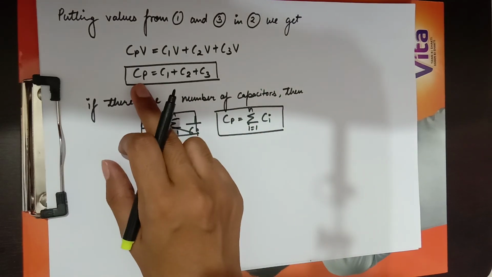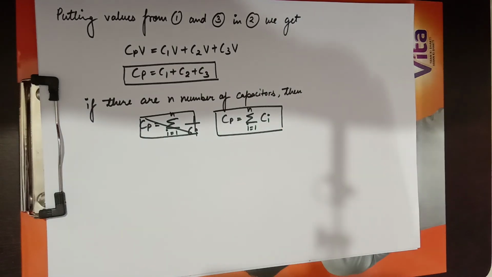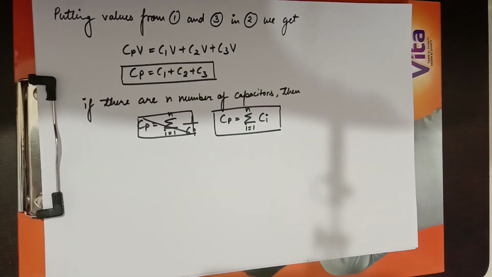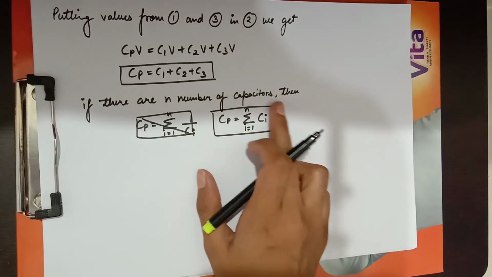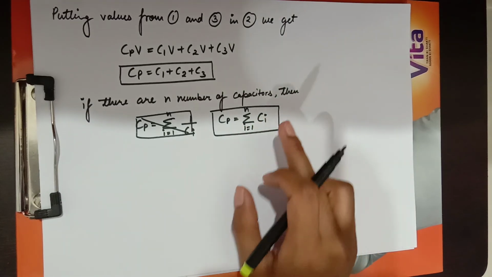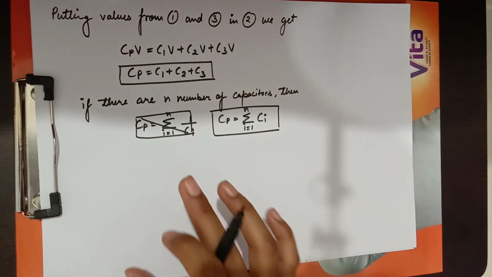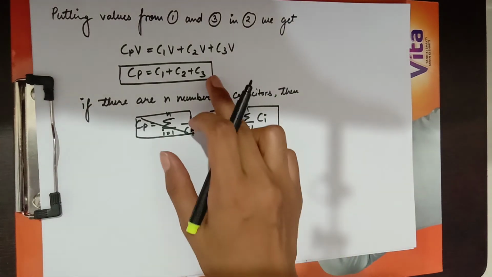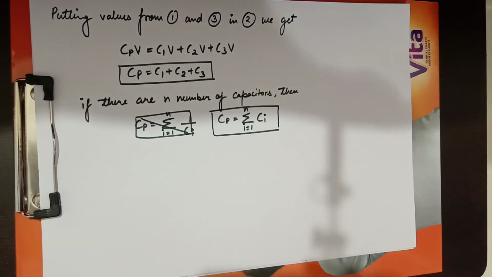So Cp will be equal to the sum of all the capacitances. From this formula, we can say that when capacitors are connected in parallel combination, the net capacitance will increase as it is the addition of all the capacitances. So in series combination the capacitance decreases, and in the parallel network the capacitance increases.